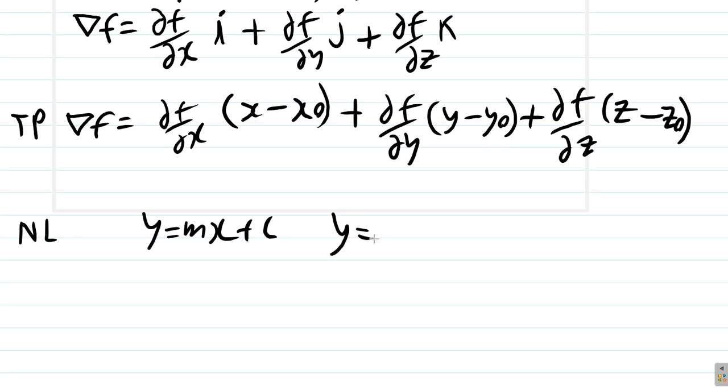You could say y is equal to, the m would be rise over run. You remember that? So it really is the rate at which y is changing as x changes. So you can say y2 minus y1 over x2 minus x1 if you want.